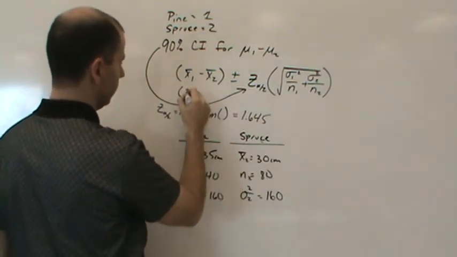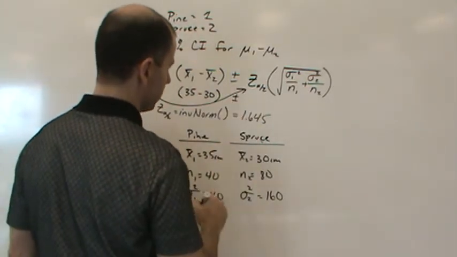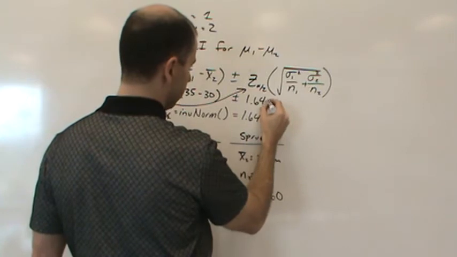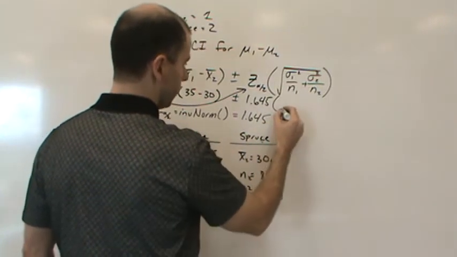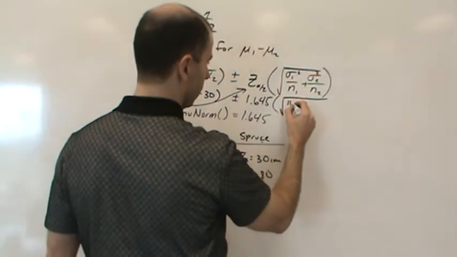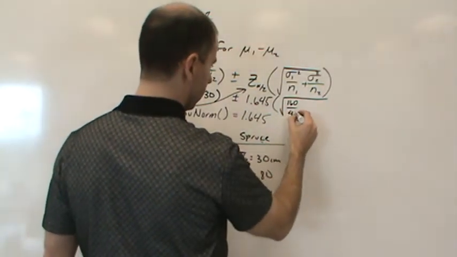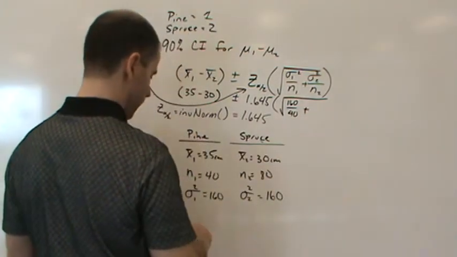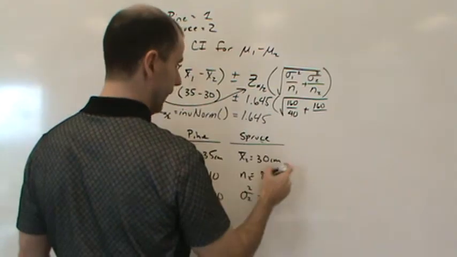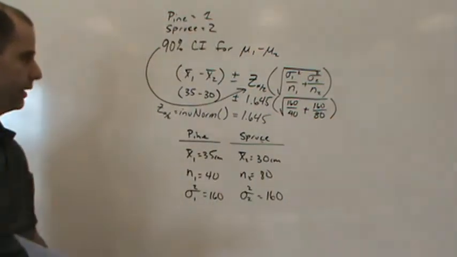35 minus 30 plus or minus z alpha over 2, right? That's going to be 1.645 times the square root of what? 160 over what? 40 plus 160 over what? 80. And so now I'm just going to plug and chug and get my margin of error.